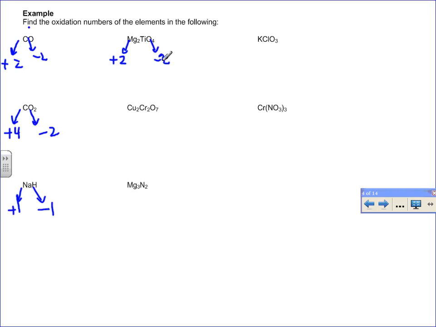So to figure out what titanium is, what we need to do is look at the fact that we've got 2 at +2, plus we've got titanium, plus we've got 4 oxygens, each at -2, and that all needs to equal 0. When we solve this, we can see that titanium must have an oxidation state in this particular compound of +4.